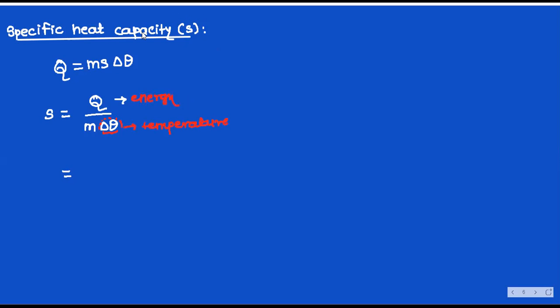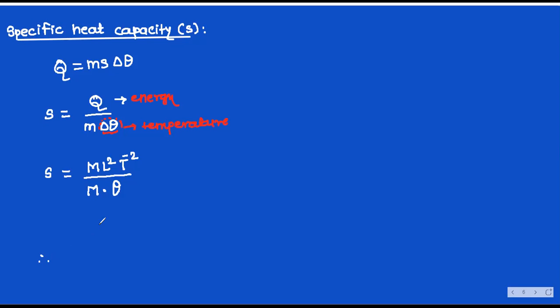So therefore, let's substitute now. Dimensions of energy M L square T power minus 2 divided by M, which is what? Mass, represented by capital M. And delta theta is temperature, so I am denoting it with theta only. And therefore I am getting the dimensions.